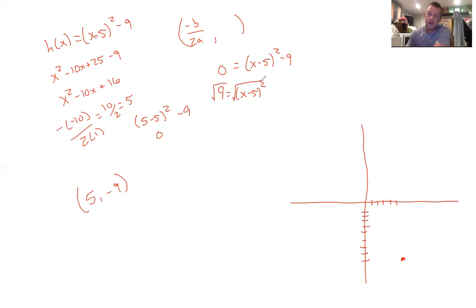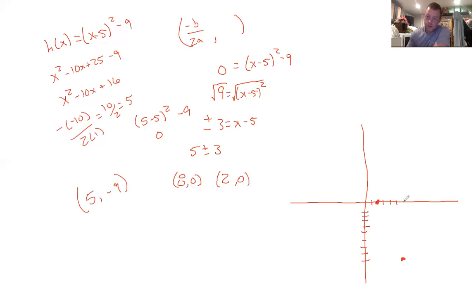Anytime you square root a square, it's got to be plus or minus. So plus or minus 3 is equal to x minus 5, and then I add 5. So 5 plus or minus 3, which makes sense because you have to have 2 x-intercepts here. 5 plus 3 is 8, and 5 minus 3 is 2. So it's going to be 8, 0, and 2, 0.